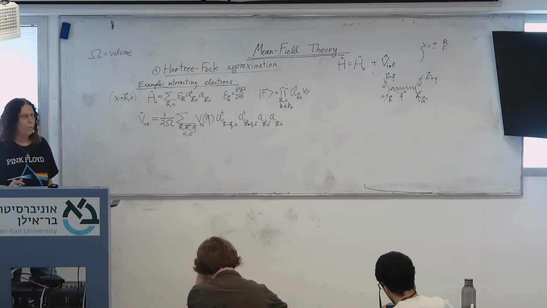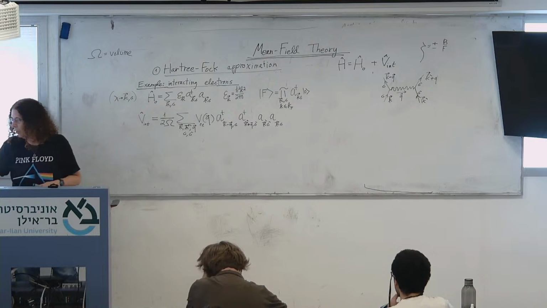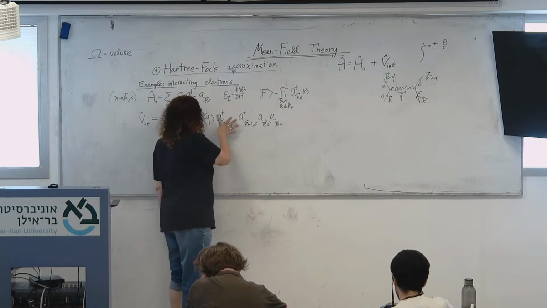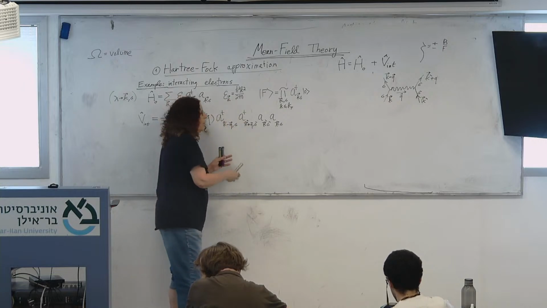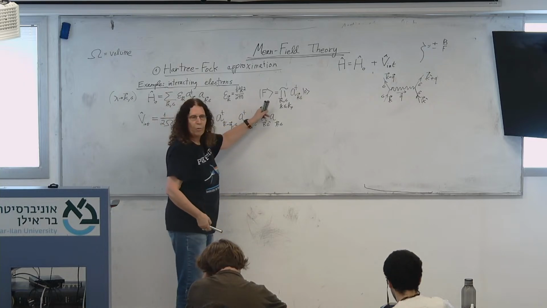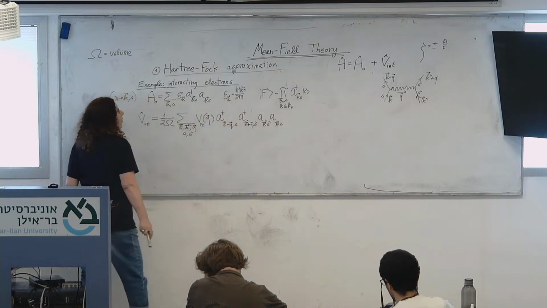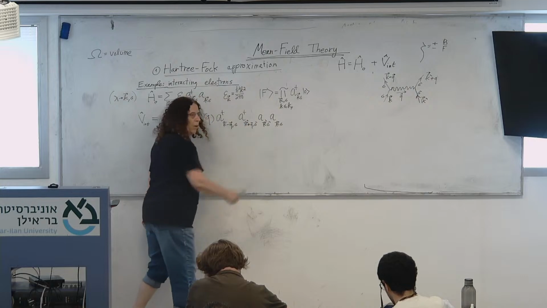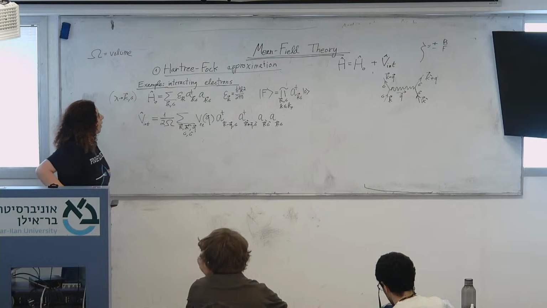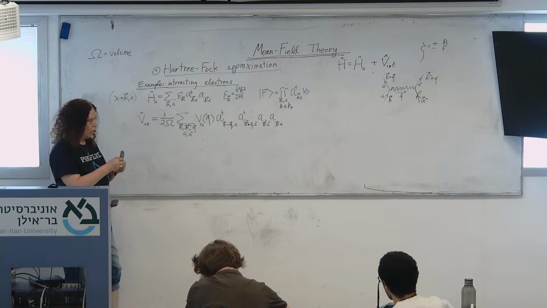And now we do Hartree-Fock, just the way we said before. What is Hartree-Fock? We notice that the expectation value will be calculated on the ground state of the unperturbed Hamiltonian H naught, which is the Fermi sphere, Fermi ball actually, and therefore a dagger a dagger has 0 expectation value.